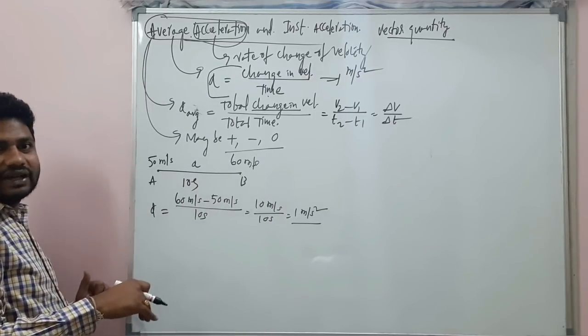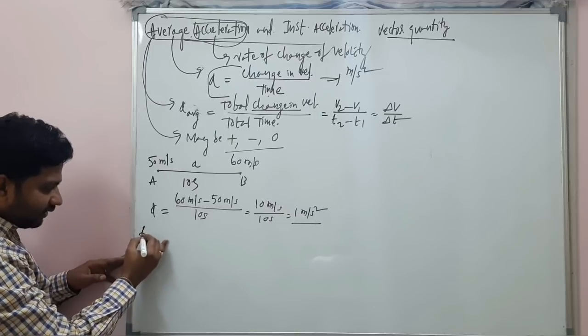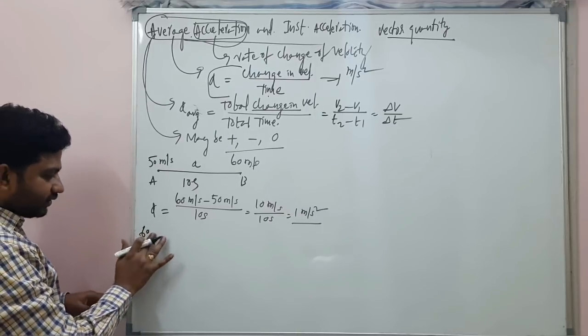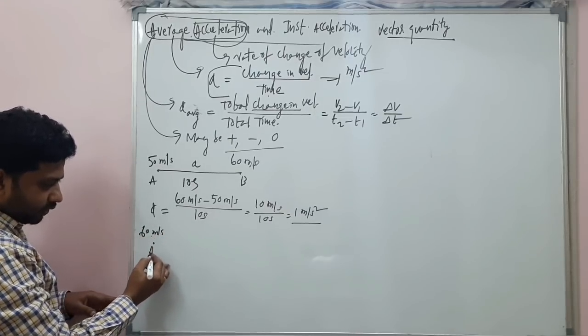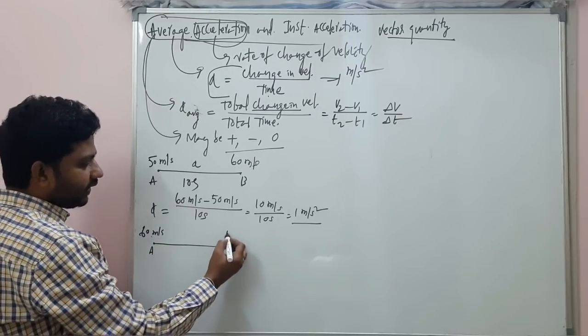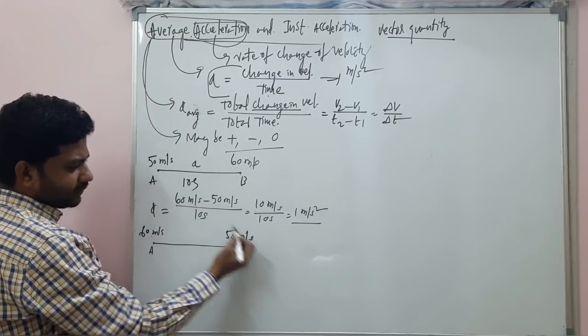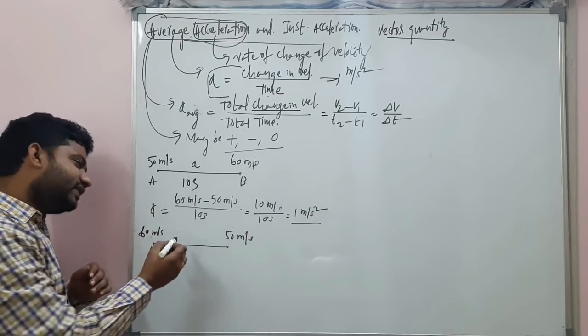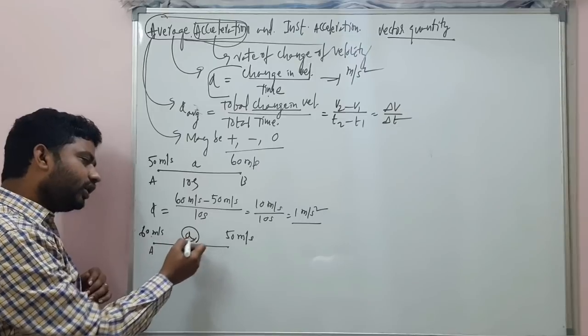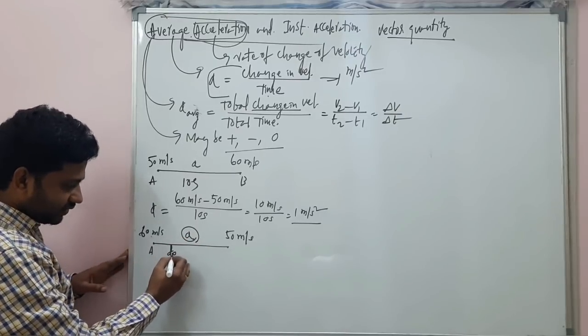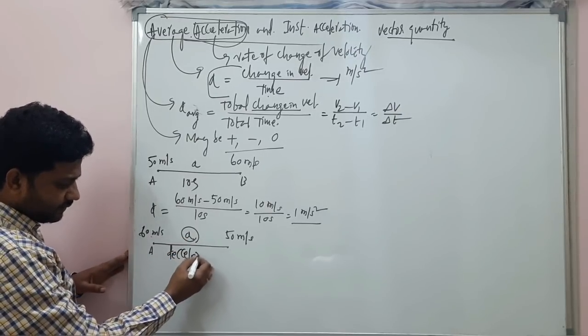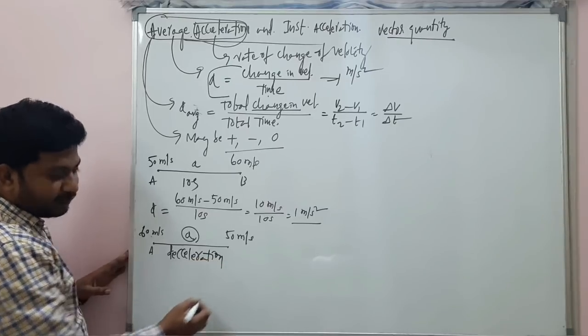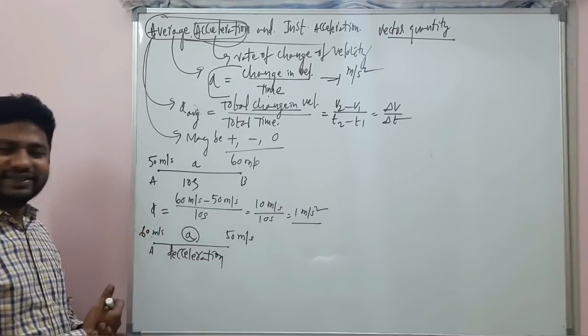So let us reverse this condition. A body is starting with some 60 meters per second from point A. After some time, it reached 50 meters per second. As the speed is decreasing, this is called deceleration.